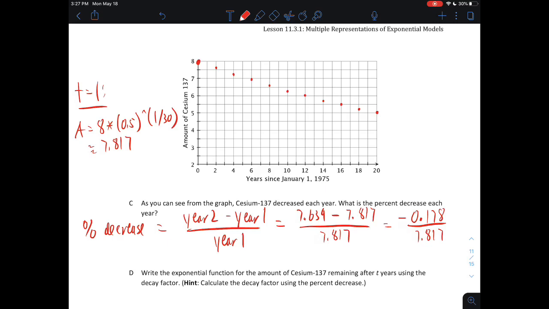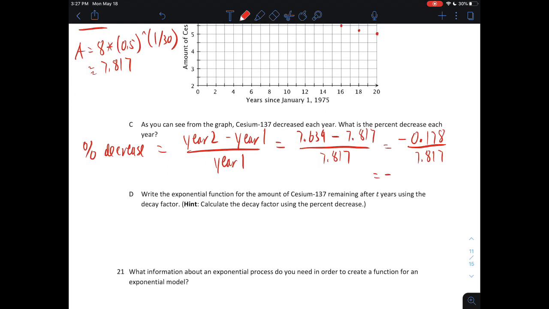So now negative 0.178 divided by 7.817, that gives us negative 0.022. Converting that to a percent is negative 2.2%. So what is the percent decrease? Oh, that should actually be a 0.023.